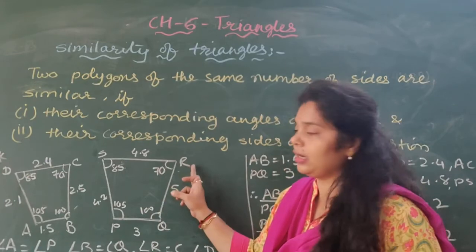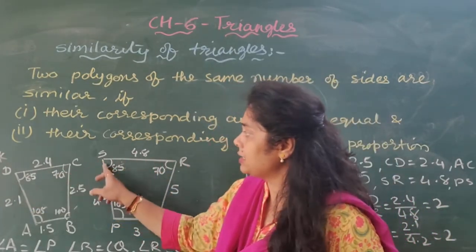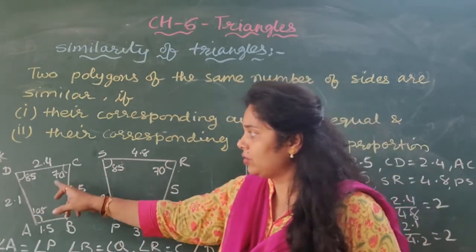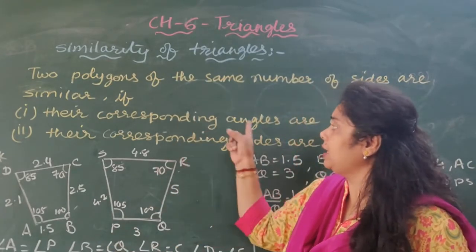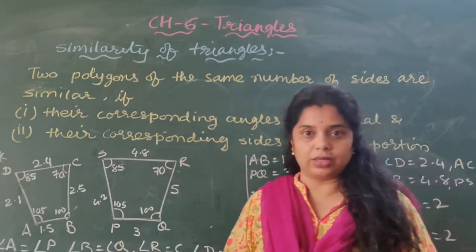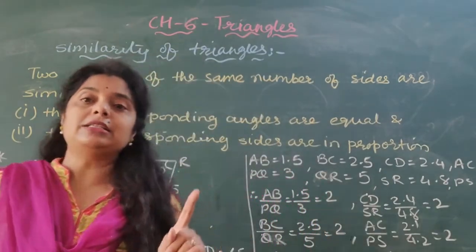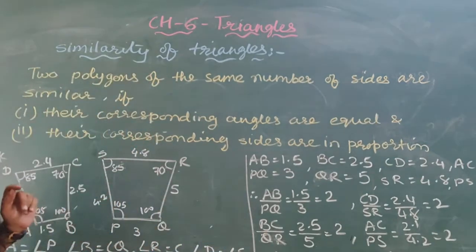C's corresponding angle is R, so both are 70 degrees. And D's is S, and both are 85 degrees. So from this figure we can say that the corresponding angles are congruent or equal. So the first condition is fulfilled. Let's check the second condition.